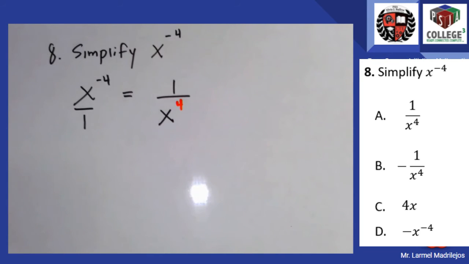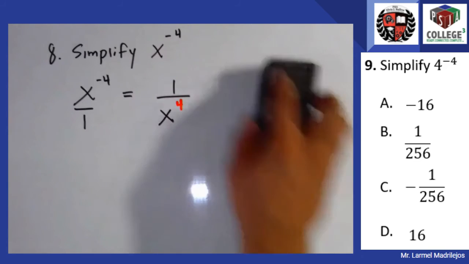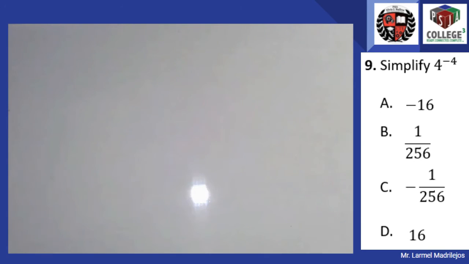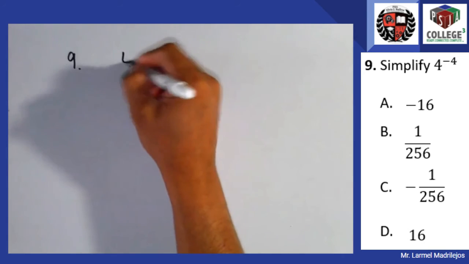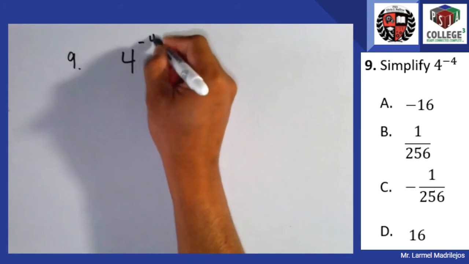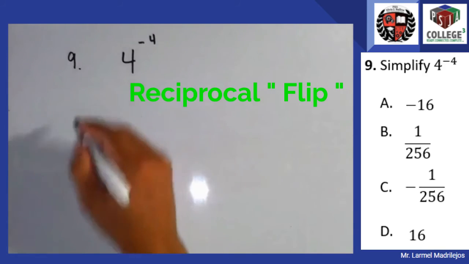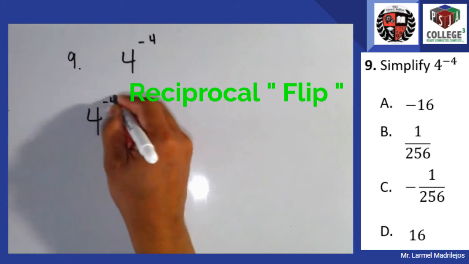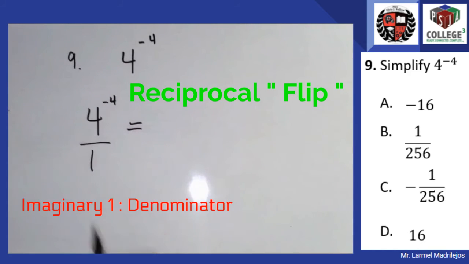Next question, number 9. Simplify 4 raised to negative 4. So same rule. Make that negative 4 a positive by doing the reciprocal.